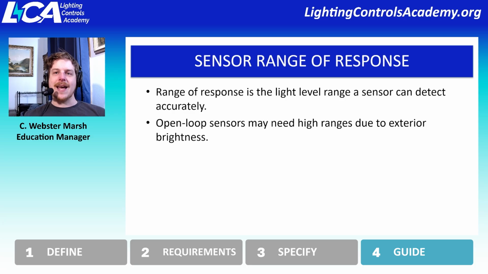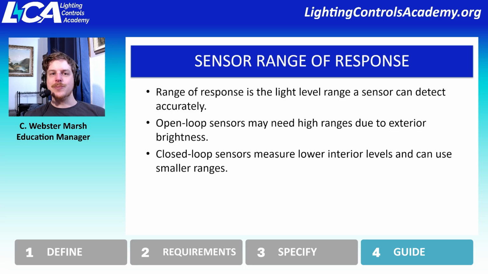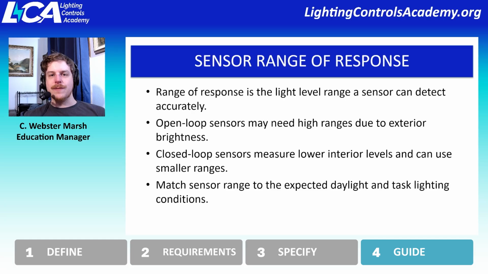And so it has that large variance, but it tends to be a bit more of a coarse variance, whereas closed loop sensors are really meant for within a specific range of 0 to 75-foot candles, because it's trying to maintain an interior task level illuminance. And so it might be more fine in detection method to being able to see the variances between each foot candle level. But this is one of the first things that you want to make sure that your sensor is capable of aligning with, because if you put a closed loop sensor outside, it's really not going to be optimal for your daylight control.